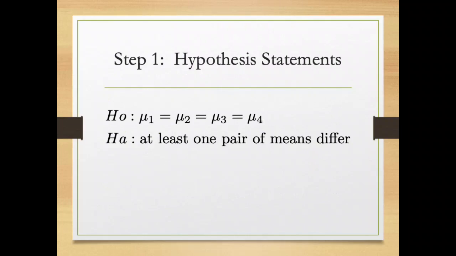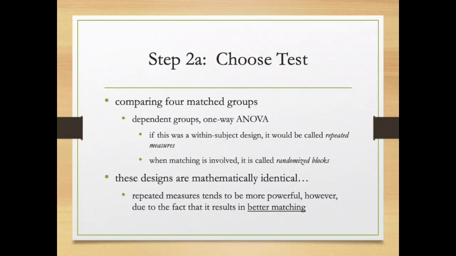Our first step is the same as it was for the independent groups ANOVA. We're interested in seeing whether or not at least one pair of means differ from each other. The design notes that you controlled for relevant demographic variables within each of your blocks. Thus, this is a dependent groups design, more specifically, a randomized blocks design.